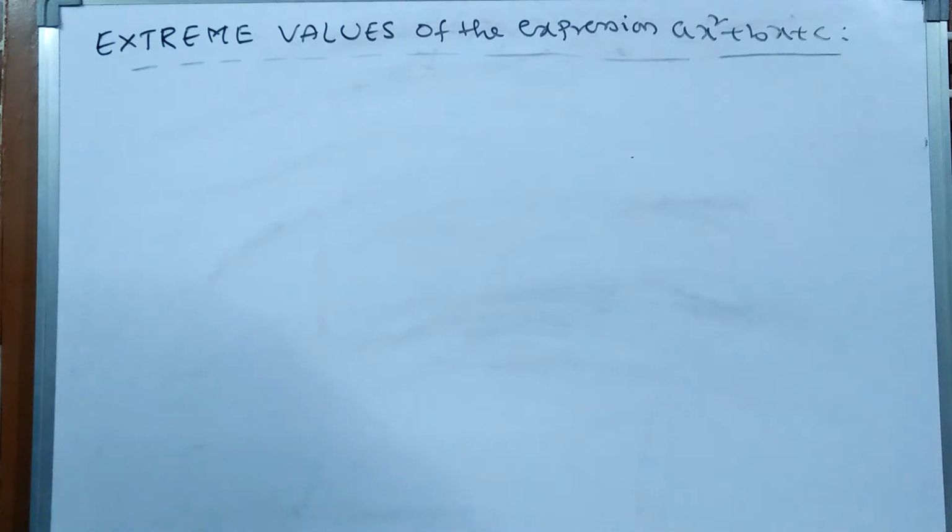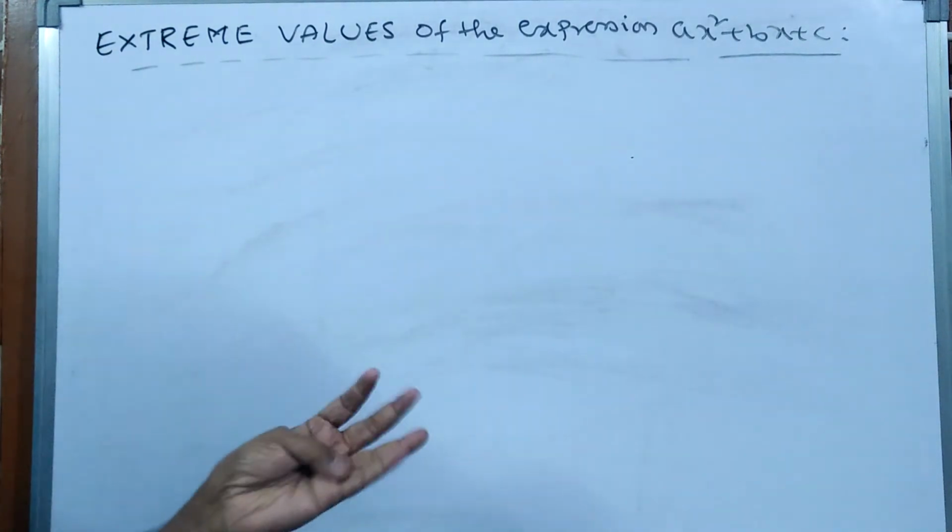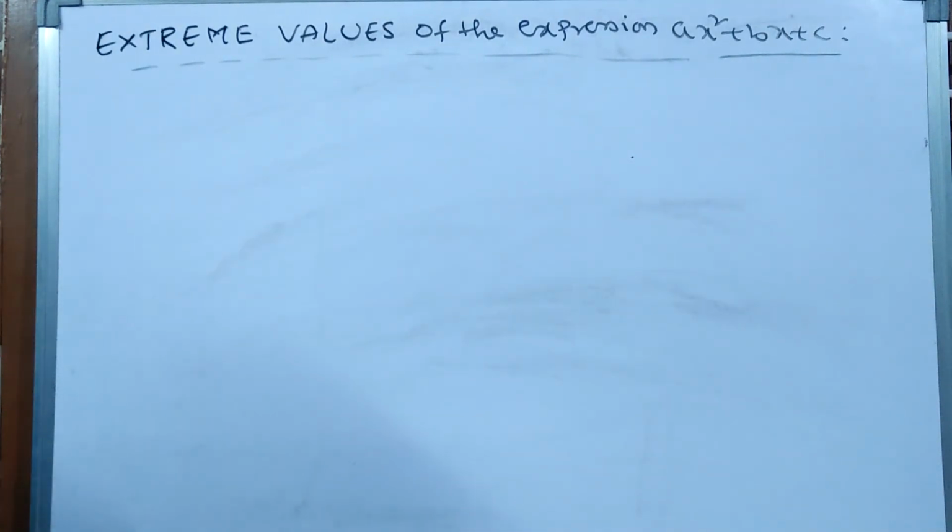For finding the extreme values, that means either maximum or minimum, this expression may have a maximum or a minimum value. Whenever it has the maximum value, it will not have a minimum value. Whenever it has the minimum value, it will not have a maximum value.